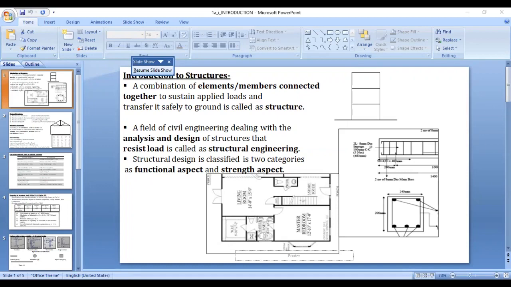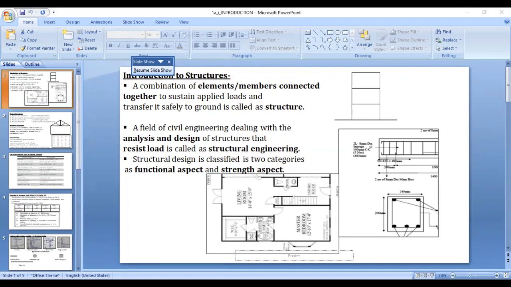First, based upon the use of material, a structure is classified as a concrete structure, steel structure, or a composite structure.